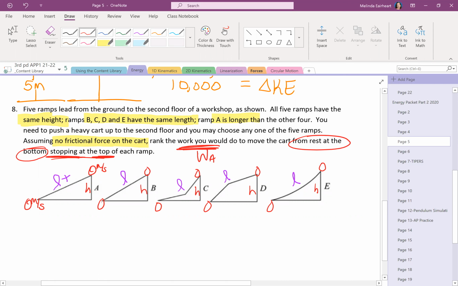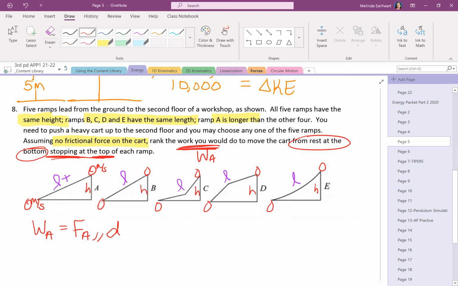So really the only thing different other than actual shape, it looks like, is that length traveled by the cart. And so to get that work done by the applied force, wait, did they tell me anything about the applied force? Did they say you apply the same force on all ramps?